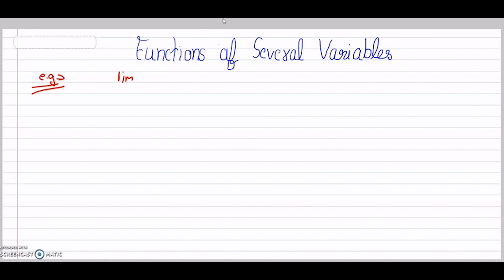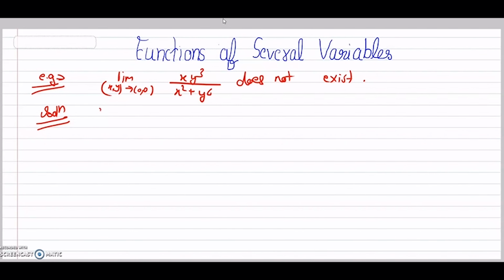Show that the limit does not exist. So suppose that the point (x,y) approaches to (0,0) along y equals x, along the line.